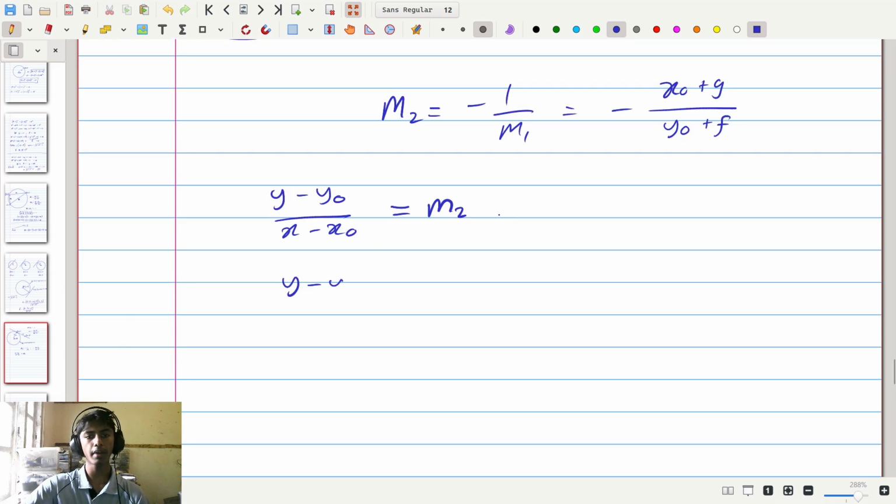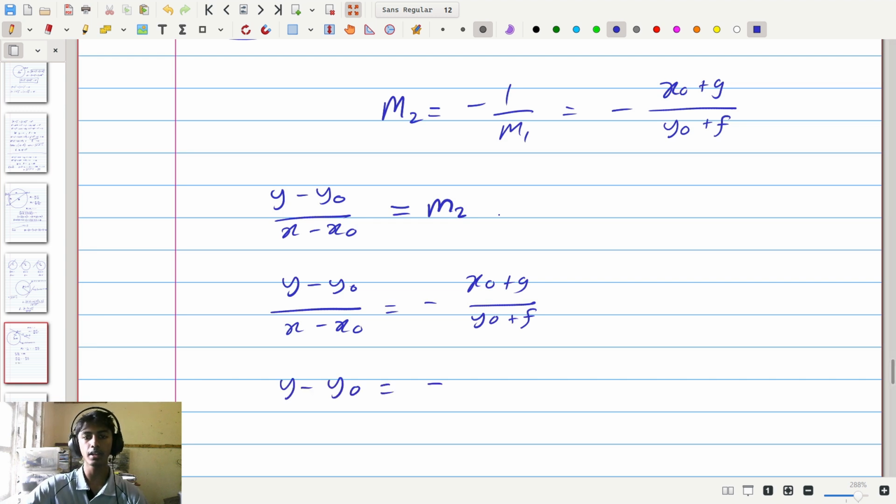Therefore, (y minus y0) divided by (x minus x0) is equal to negative (x0 plus g) divided by (y0 plus f). Rearranging, we can see that y minus y0 is equal to negative (x0 plus g) divided by (y0 plus f) times (x minus x0).